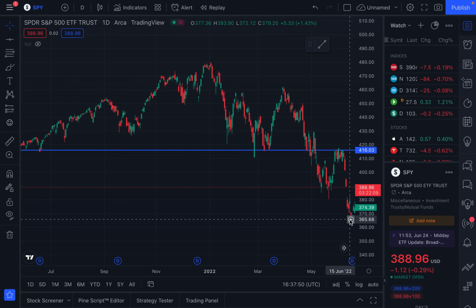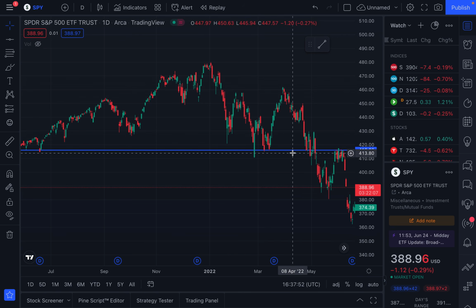So this previous support level became a new resistance level. And that's what you're going to see a lot of the time. When a support level gets broken, that old support will generally become the new resistance. And for resistance, it's the same thing. When a resistance level gets broken, that resistance level will generally become the new support for that stock, okay?